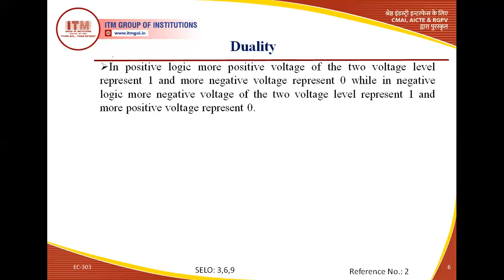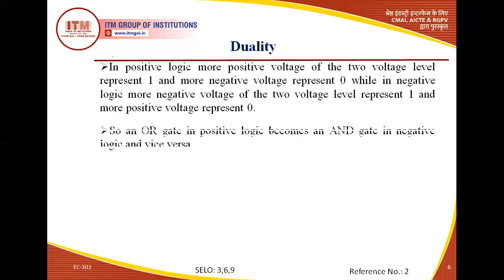While in negative logic representation, the more negative voltage represents the 1 and the positive voltage represents the 0. That means plus 5 volt represents the 0 and 0 volt represents the 1. That means both are inverted to each other.